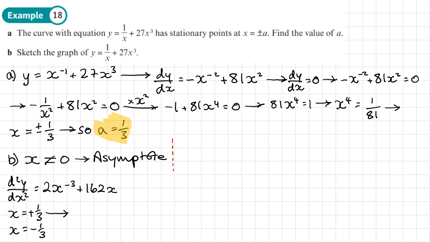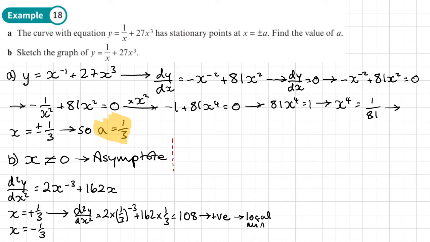So when we put plus a third in, the second derivative is going to become 2 times a third to the power negative 3 plus 162 times a third. That gives us 108. 108 is positive. So when x is plus a third, what I'm getting is a minimum. There's going to be a local minimum there.